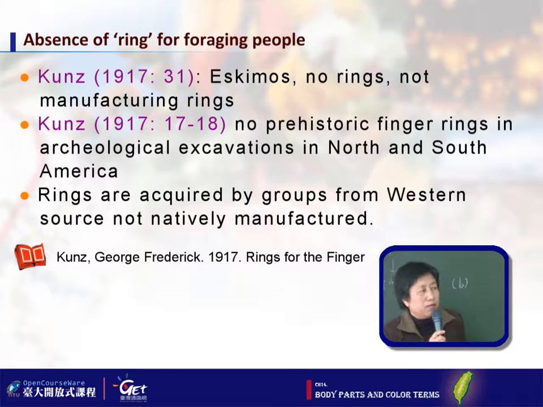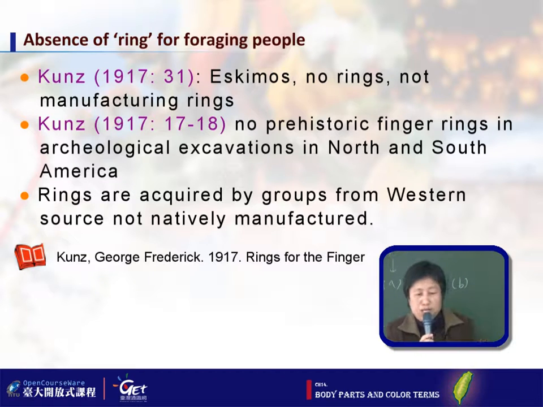So from all this, the evidence shows why there's a distinction of finger and hand in agricultural society, but not in the hunter-gatherer society. Even if sometimes rings are found in the archaeological excavation, it is found that rings were acquired by groups from Western sources rather than natively manufactured.